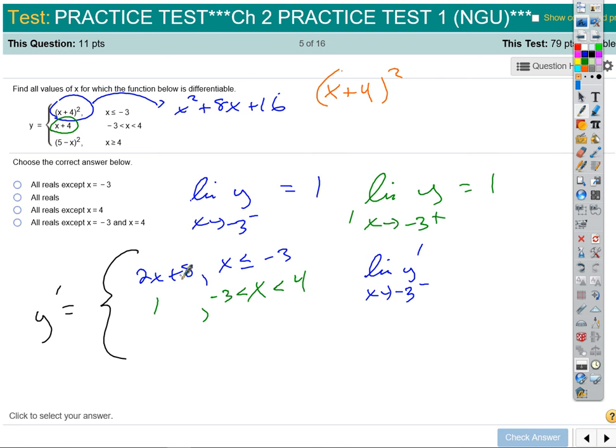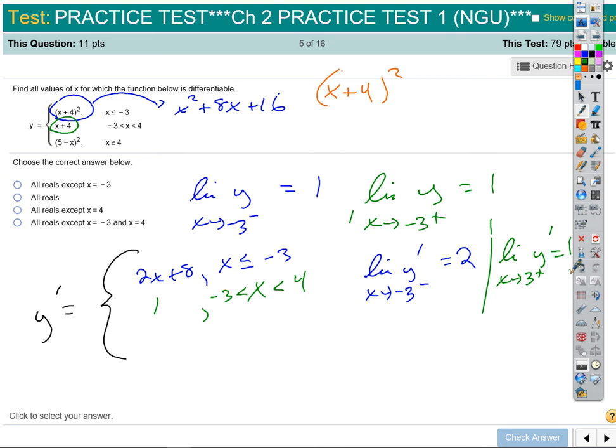Everybody see that? What's the limit of y prime as x approaches -3 from the right? Well, it's 1. It's always 1 on that middle piece.